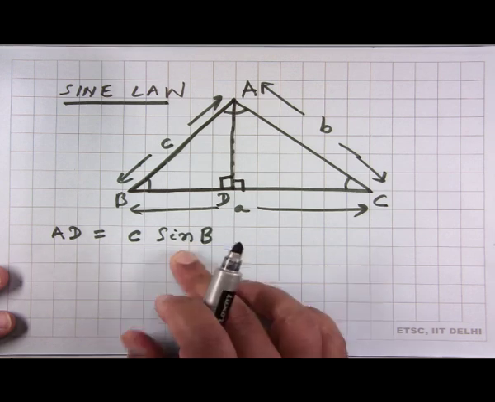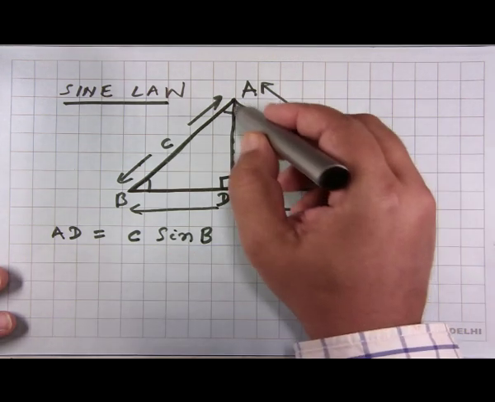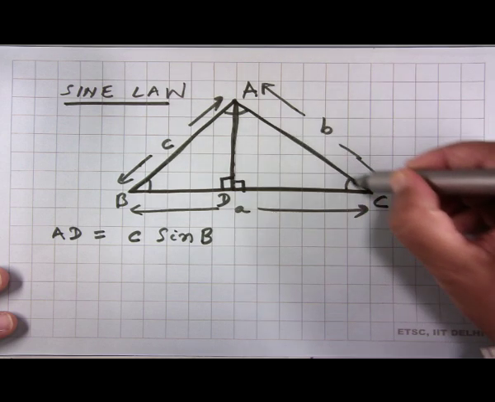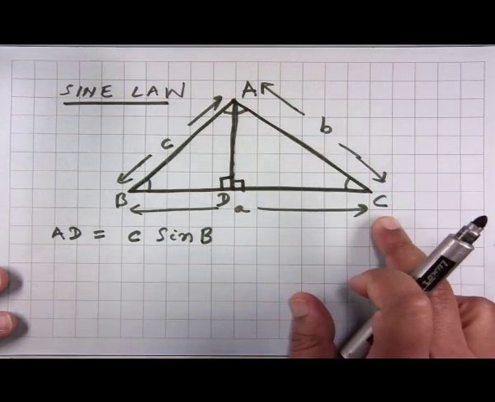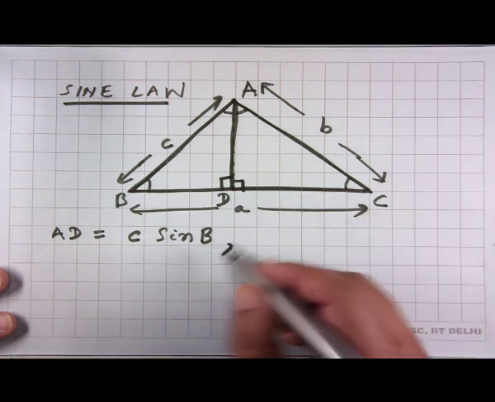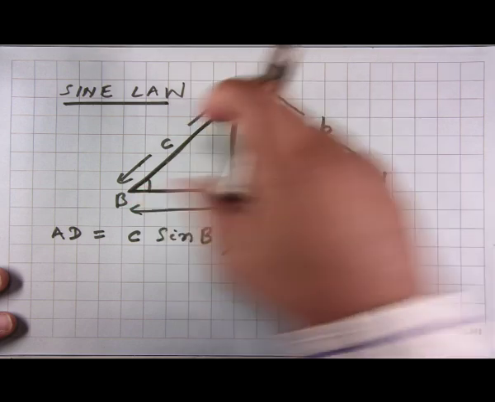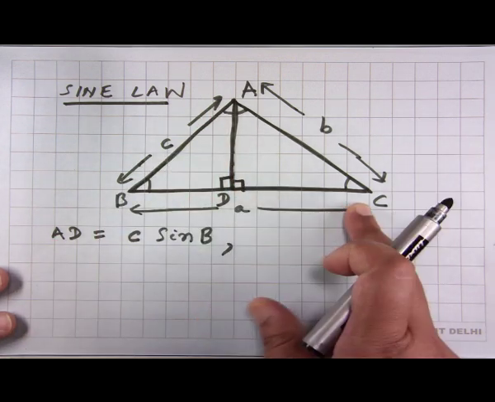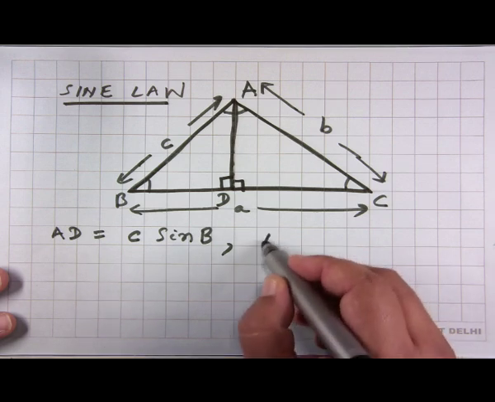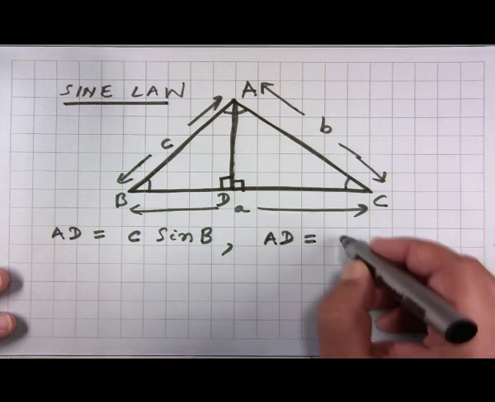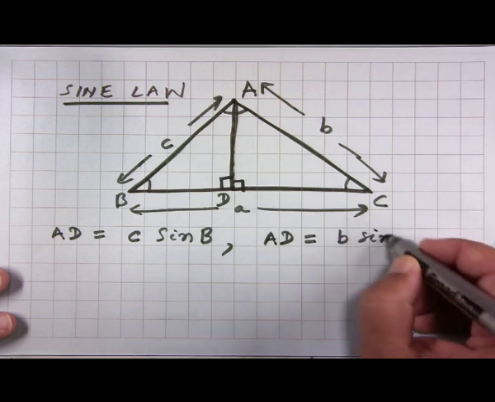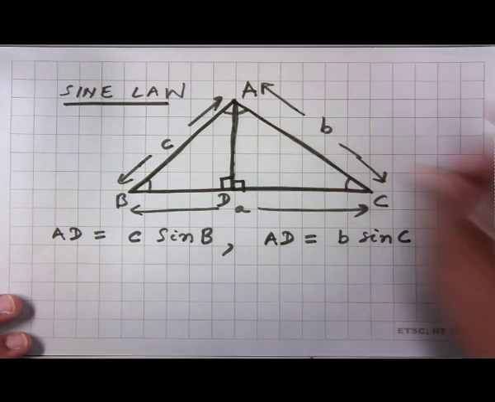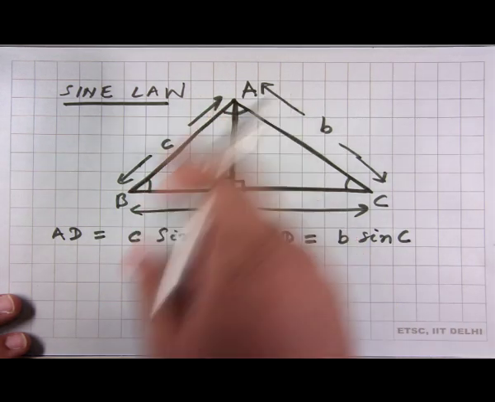Then if we look at the other right angle triangle, ADC, AD is common to both these right angle triangles. But if we focus on the right angle triangle ADC, what we see is that AD equals b times sine of C, because for this triangle b is the hypotenuse, whereas for the other triangle c was the hypotenuse.